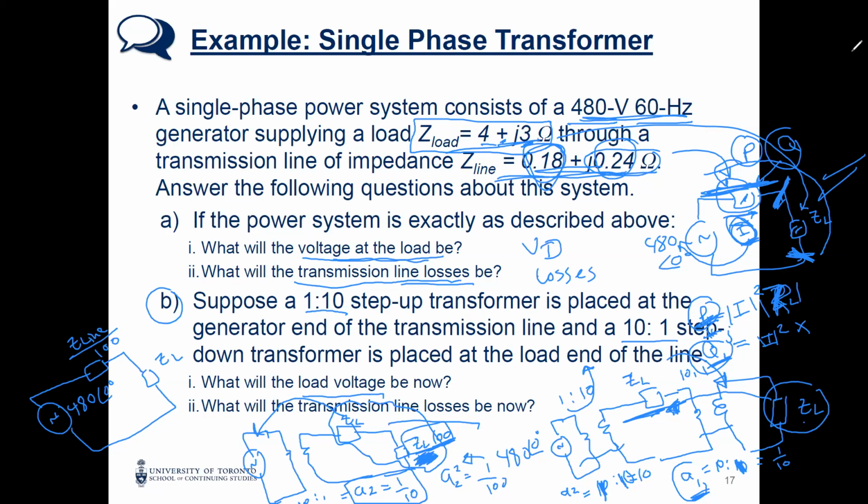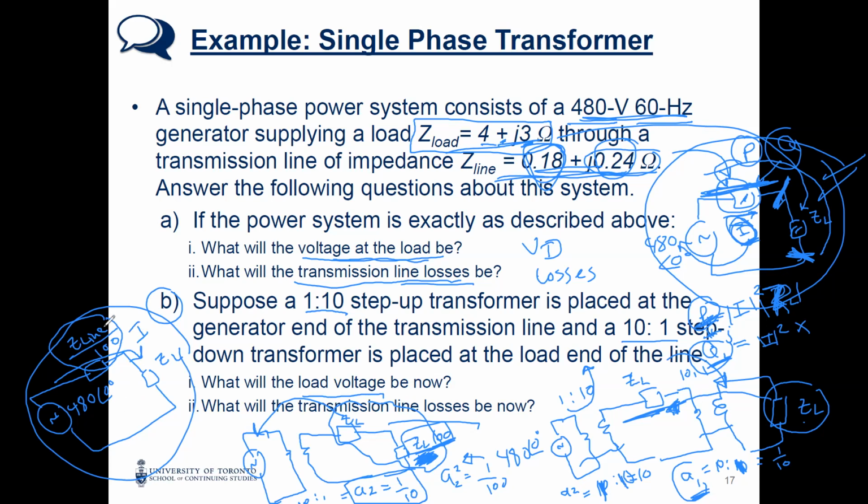So what is the difference between this and the main one? The transmission line is divided by 100. So you can do your calculations, get the current here, get the I squared R, get the voltage here.